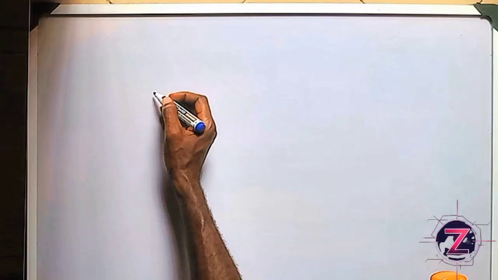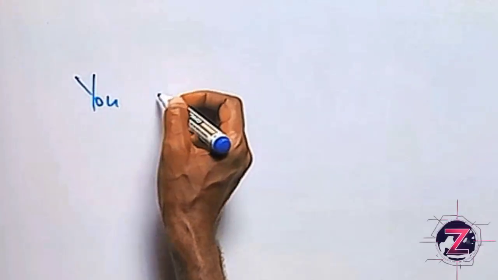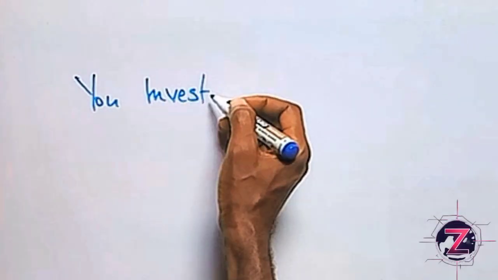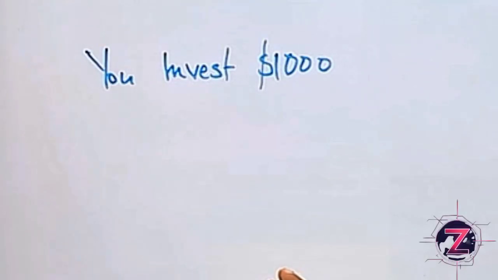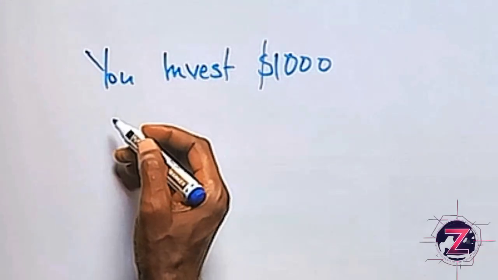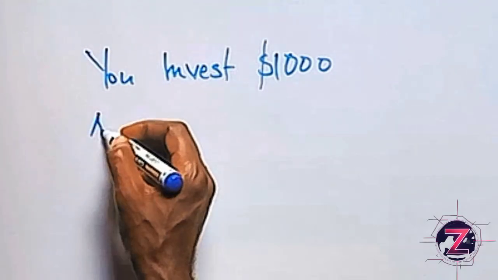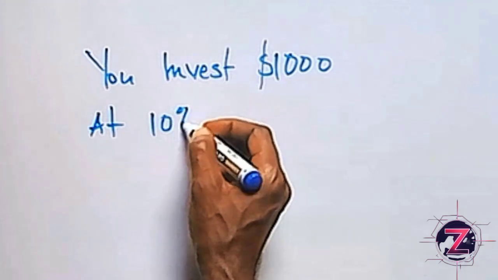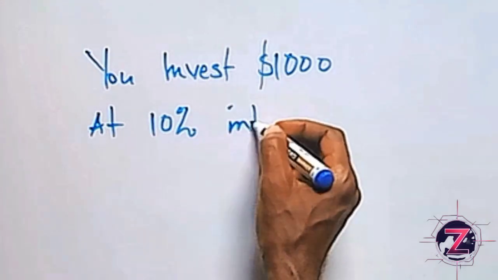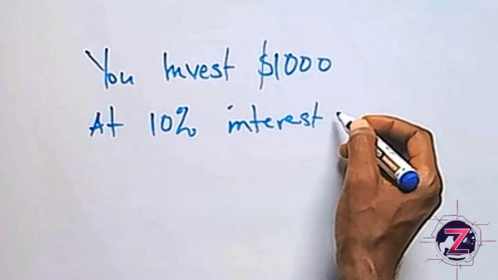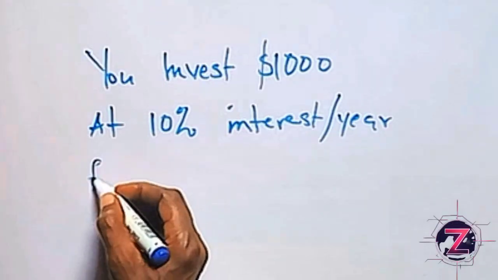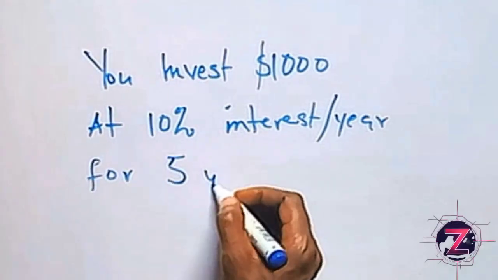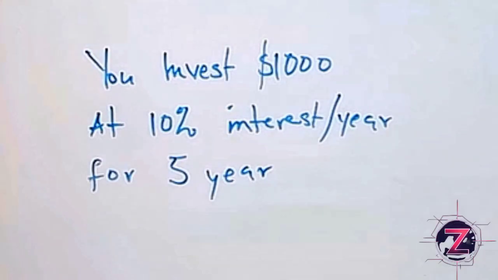Let's say you invest $1,000 at 10% interest per year for 5 years, compounded once per year.